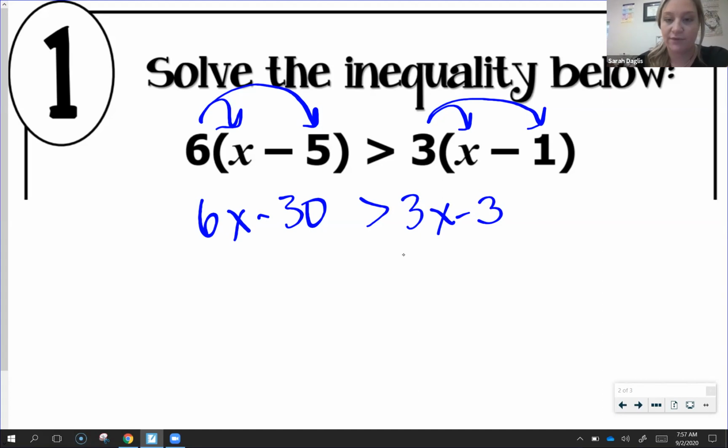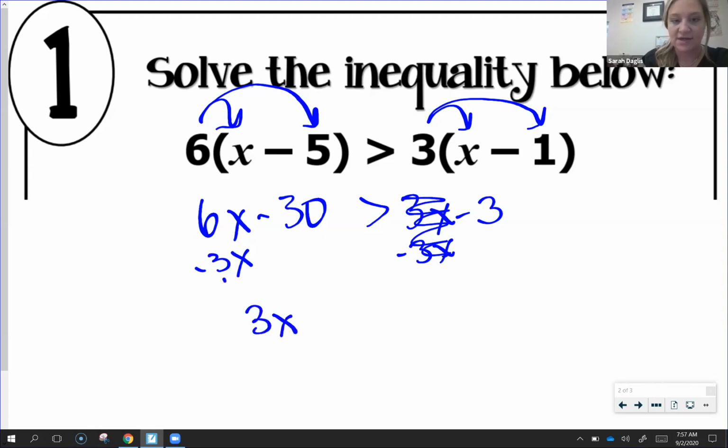So I'm going to move this guy over to the left. So negative 3x, subtract it from the other x. So 3x minus 3x is gone. I've moved it over. 6x minus 3x gives me 3x. I did not change anything else. So I still have minus 30, still have greater than, and I still have minus 3. Well, now it's a negative 3.